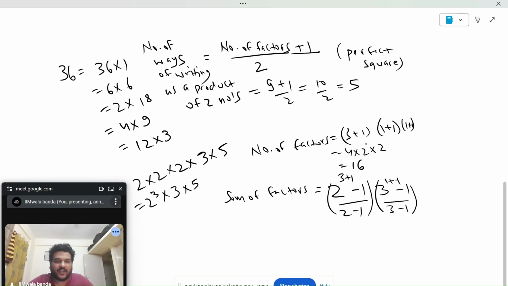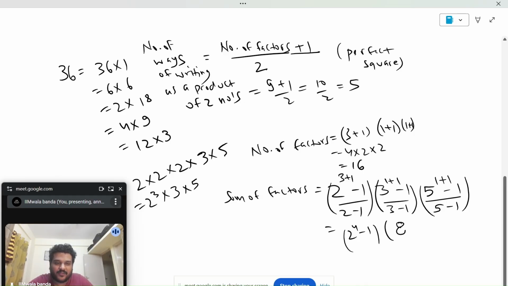And 5 to the power 1 plus 1 minus 1 upon 5 minus 1. So this is 2 to the power 4 minus 1 upon 1. This is 3 to the power 2, 9, 9 minus 1, 8 upon 2. This is 5 to the power 2, which is 25. 25 minus 1 is 24 upon 4.